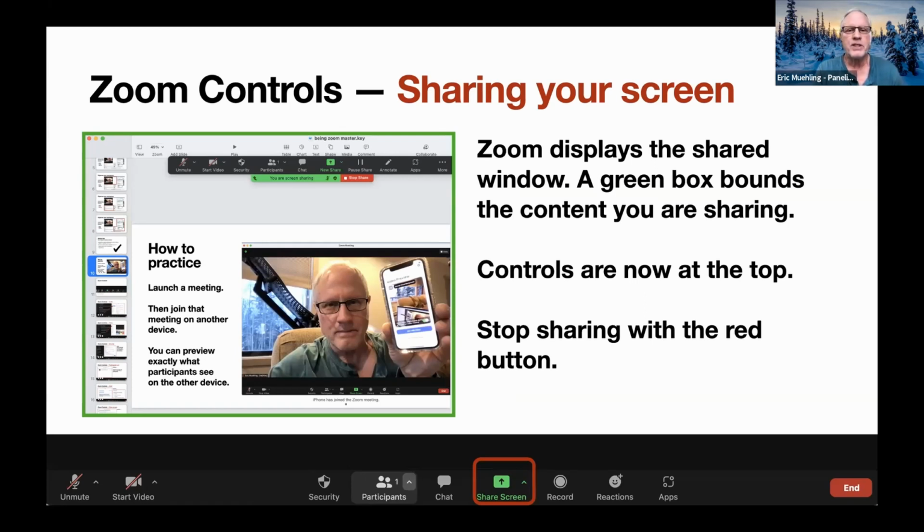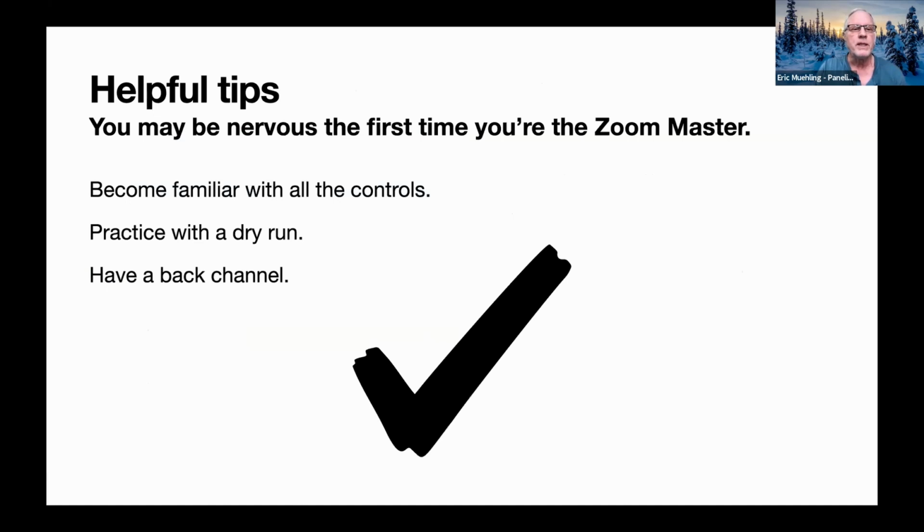Look on the left side of this screen: what is surrounded with green is what everybody else will see. The controls have moved up to the top, and maybe those controls are covering some other menu options that you need access to. Know that the Zoom controls, when you're sharing your screen, are movable. You can click on them and drag them around, put them someplace on the screen where they're not in the way.